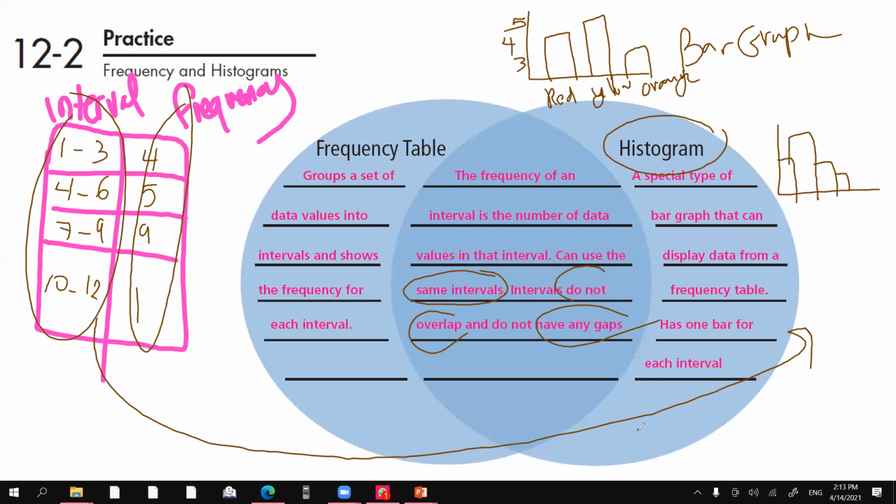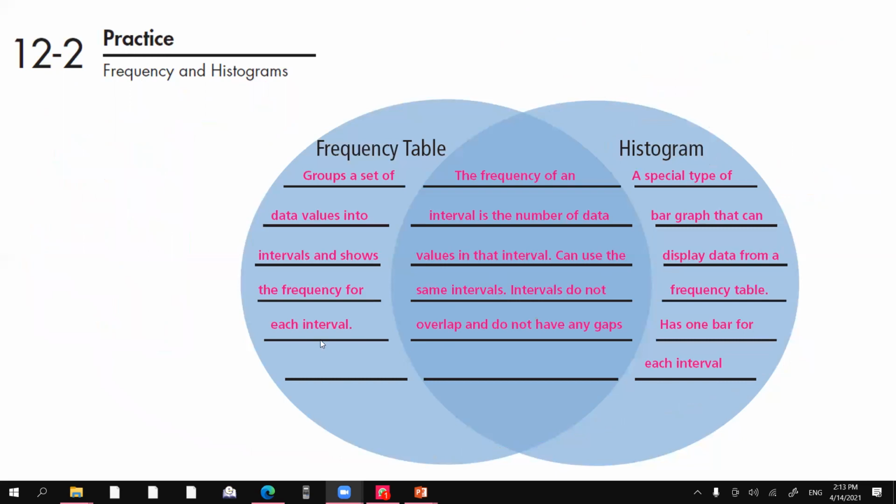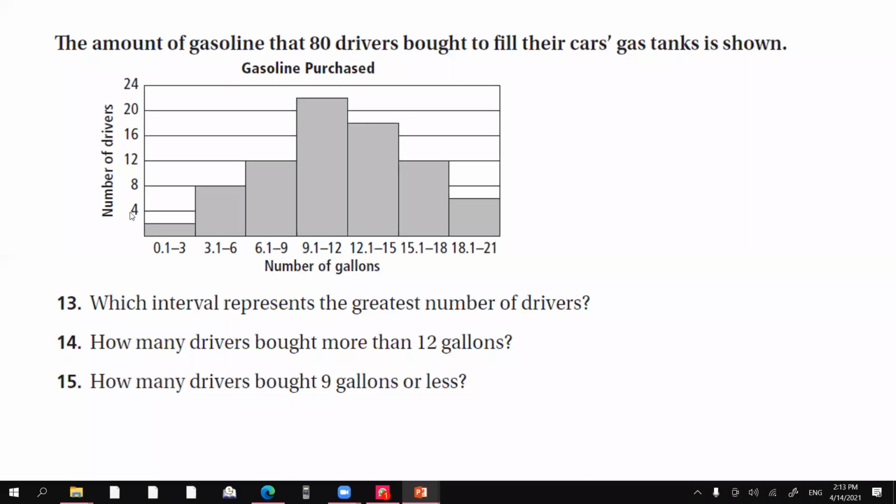Now, how will the questions come? I will not bring data for you and ask you to make the frequency table. No, I will bring a histogram for you. Then I will ask you like this: the amount of gasoline that 80 drivers bought to fill their cars' gas tanks is shown.